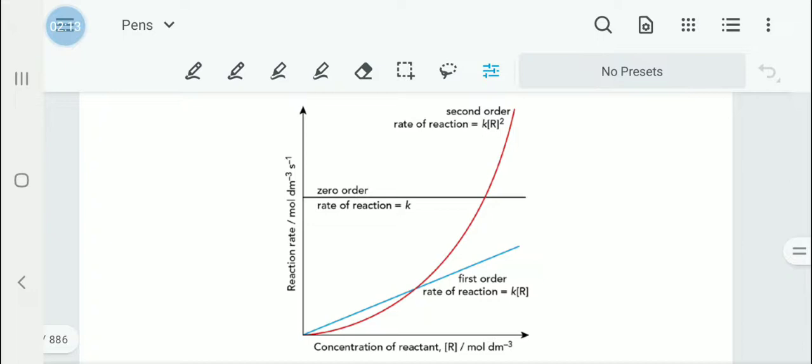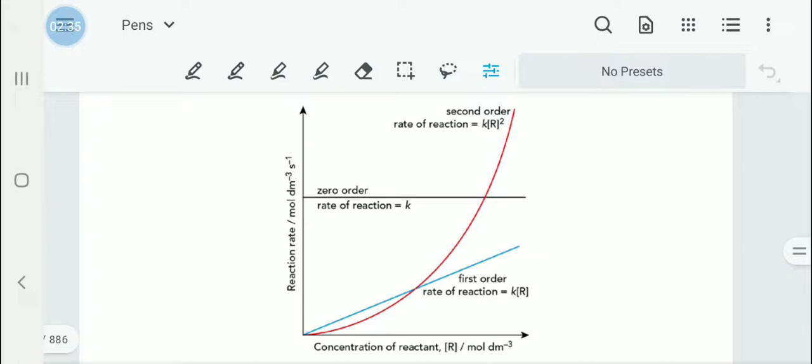Then first order is going to be a straight line which is not parallel to x or y axis, originating from the origin.